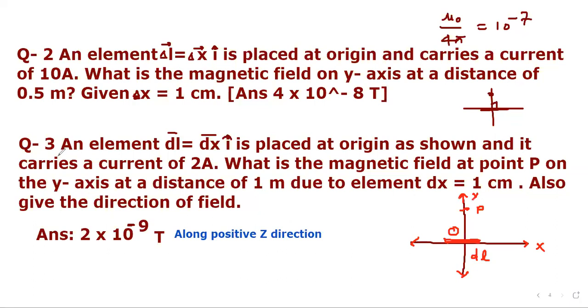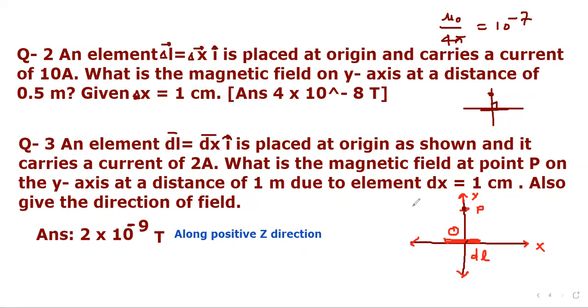Now, let's see question number 3. An element delta L equal to delta X i cap is placed at the origin as shown. Here, this is the current element, and it is along the x-axis, and the point is on the y-axis, and other information is there. Like current is 2 ampere. What is the magnetic field at a point P on the y-axis at a distance of 1 meter?